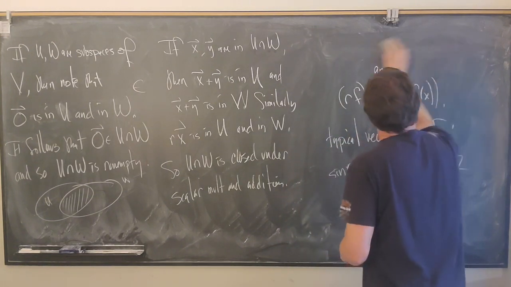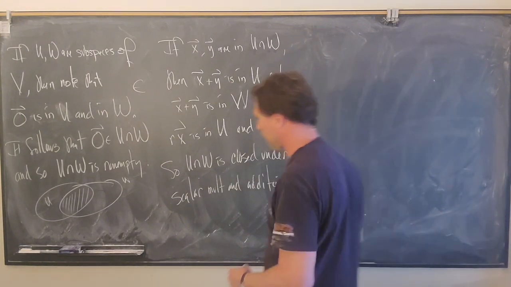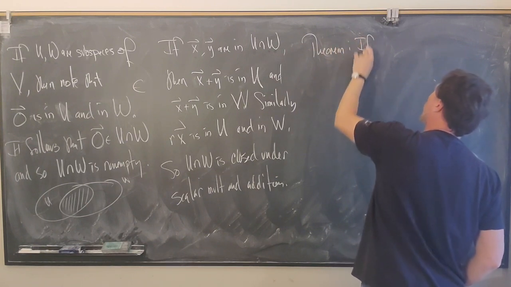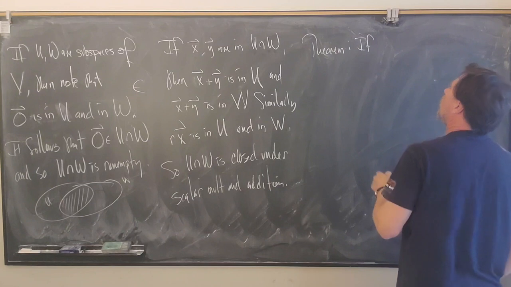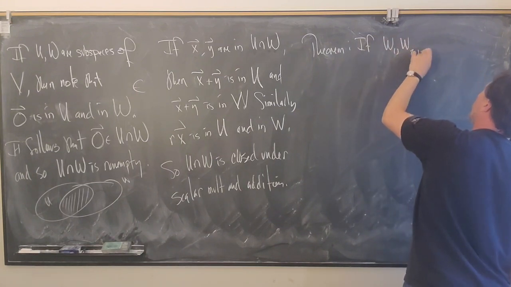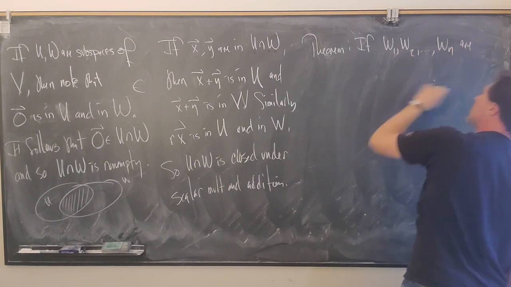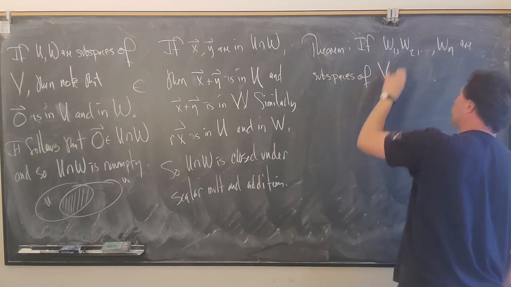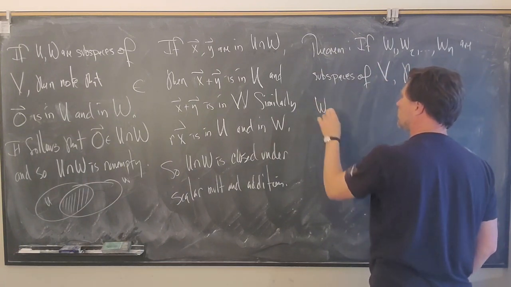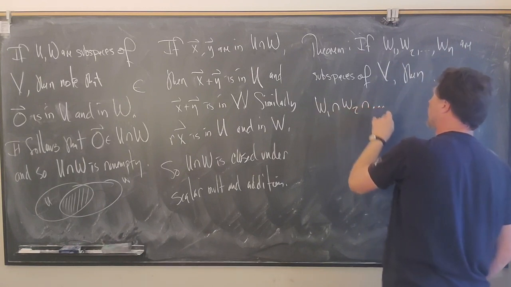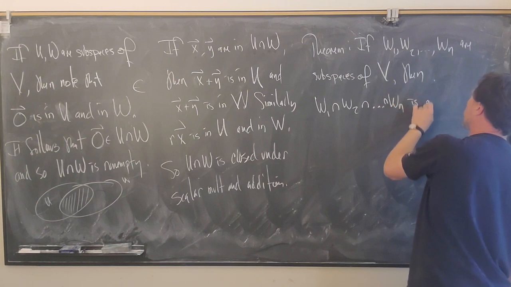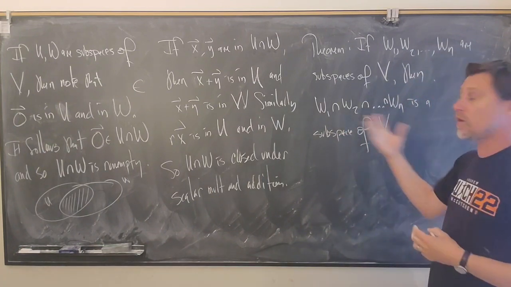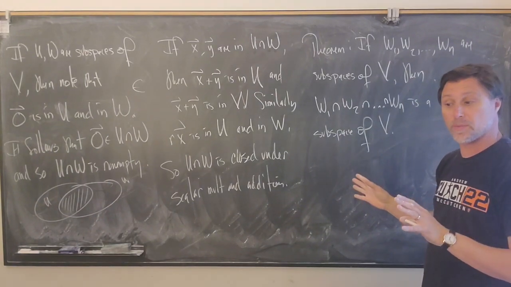And I'm going to write that as a theorem, and I'm going to say it a little bit more generally. If W1, W2, up through Wn are subspaces of some vector space V, then the intersection W1 intersect W2 intersect ... Wn is a subspace of V. So if you have a bunch of subspaces, the common overlap of those subspaces is a subspace.